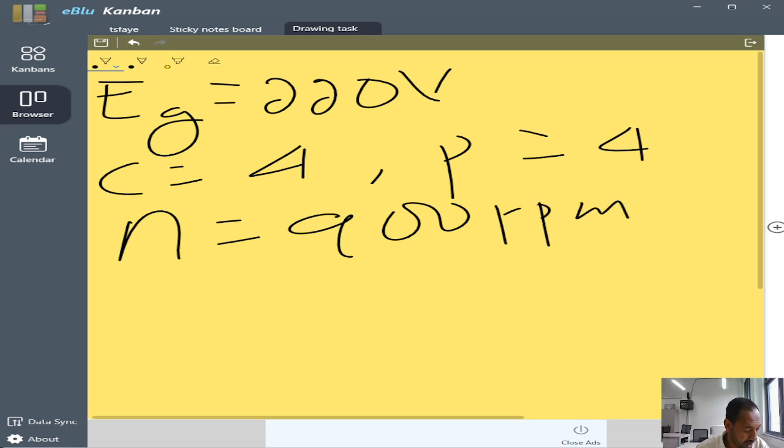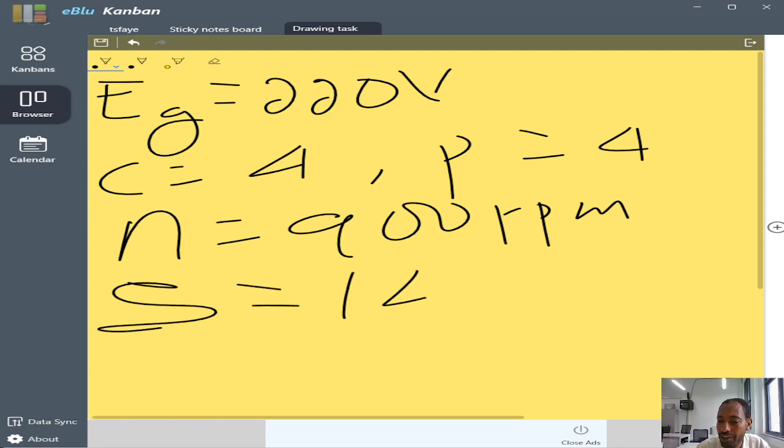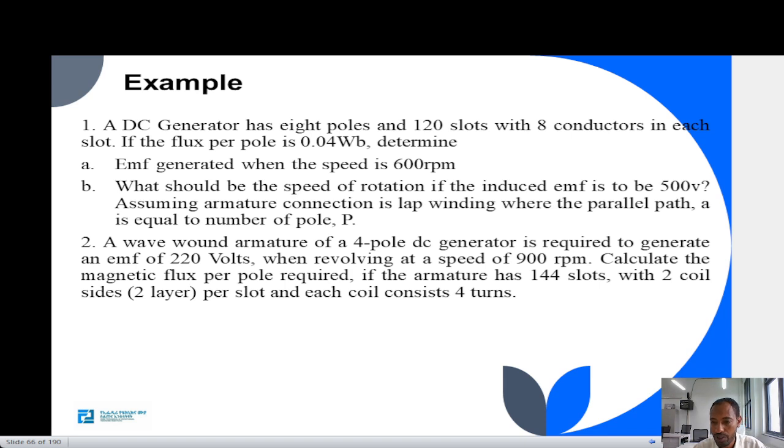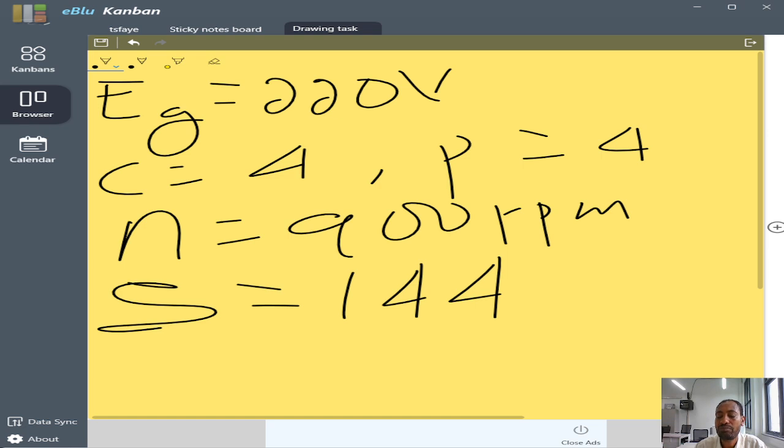And the number of slots of the machine is also given, 144 slots. I think these are the given parameters. We are asked to calculate the magnetic flux per pole required if the armature has 144 slots with 2 coil sides. The required quantity is flux per pole.